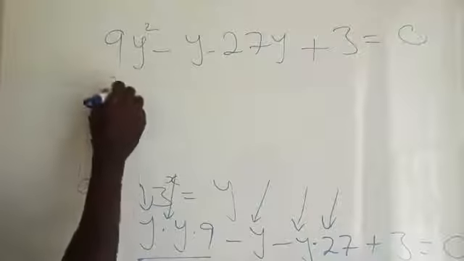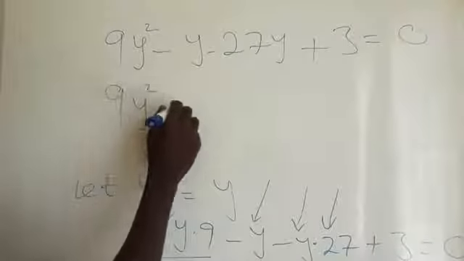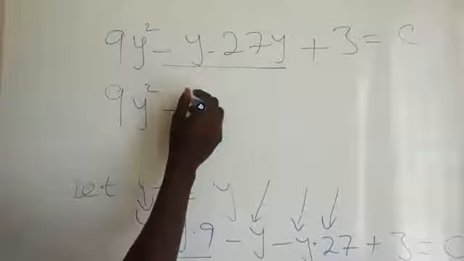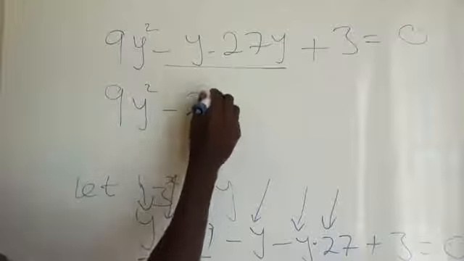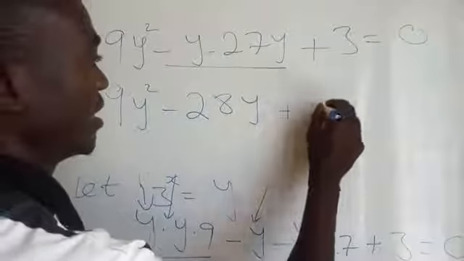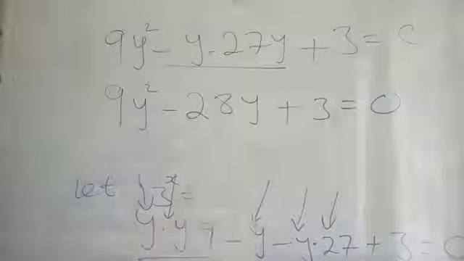So this is 9y squared minus y minus 27y. That becomes minus 28y plus 3 is equal to 0.